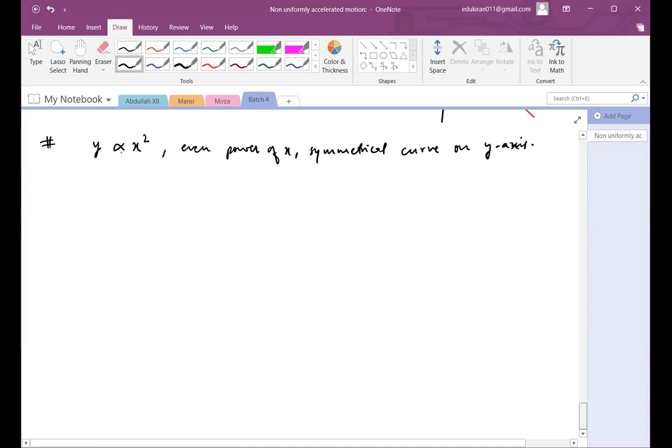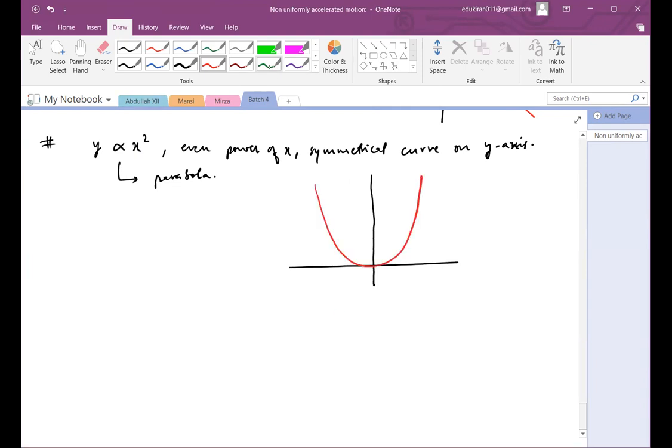Since in this expression we have only one even term, it will define a parabolic curve or parabola. So the graph of this expression will be like, since in this term we have x raised to 2, the parabola will be along the opposite axis. So it will be like this. This curve is called a parabola.